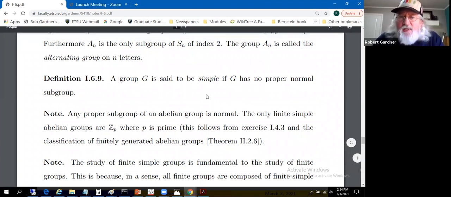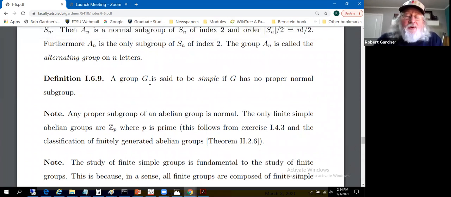Trivially and vacuously, G itself is a normal subgroup of G, and the identity, the group of order 1, is a normal subgroup of G itself. So not those. So we're saying a group is simple if there are no normal subgroups other than the trivial ones, arguably, G itself and the identity group.